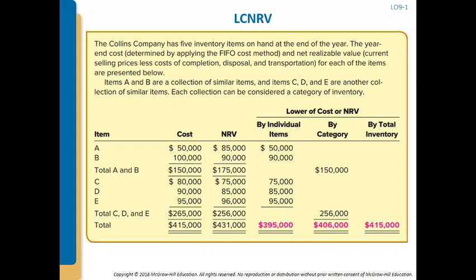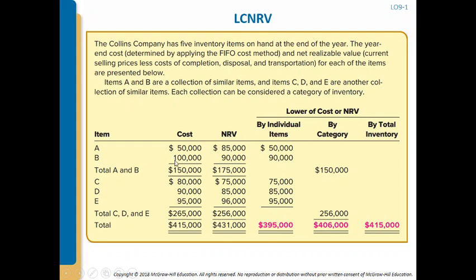Here you have an example where if you do it by individual items, you simply take all the items in inventory A and compare cost to net realizable value. Here, cost is less than net realizable value, so you take the cost, not the net realizable value. So it's the lower of the two.